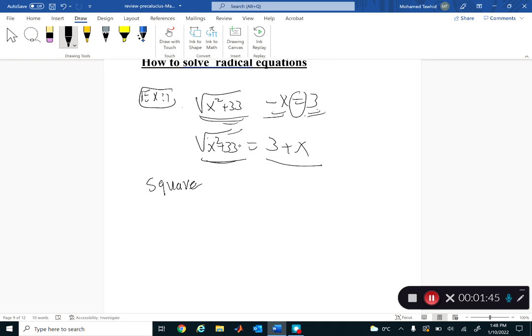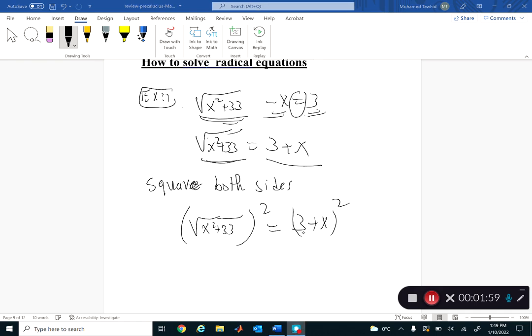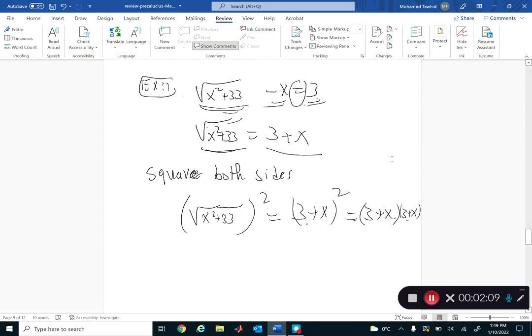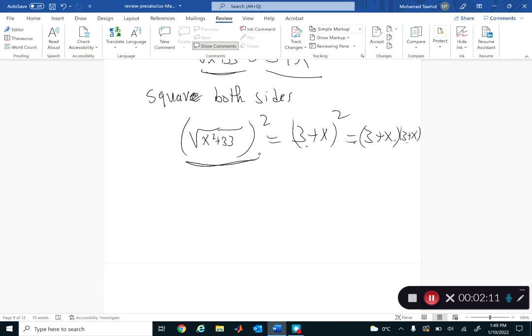Now when I square both sides, this one, the square root of x squared plus 33, is squared on both sides. So you have 3 plus x squared. This is a bracket multiplied by itself 2 times, so you have 3 plus x multiplied by 3 plus x. When you square this, what do you get, guys? x squared plus 33.